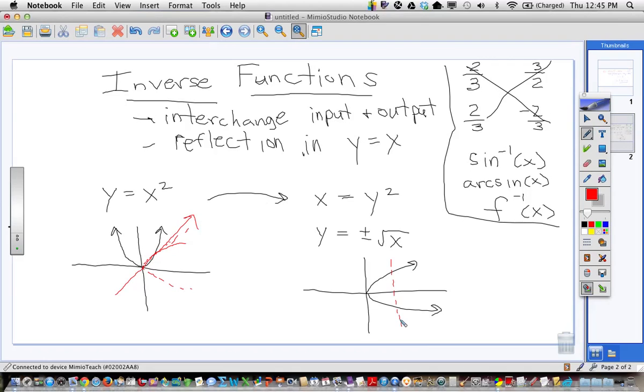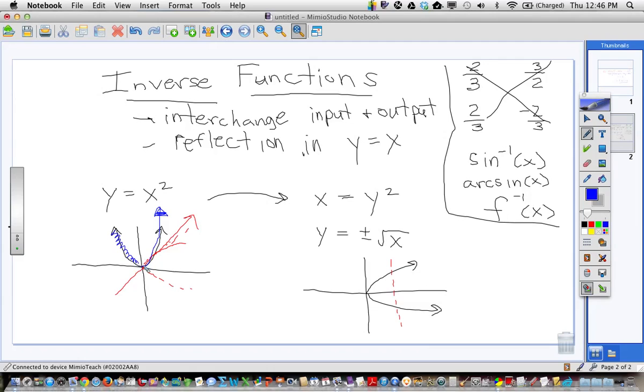So how do we do that? How do we make a function invertible? Well, we have to restrict its domain. So what we would have to do here is, and I'll do this in blue, we would have to only take part of it so that it would pass the horizontal line test.